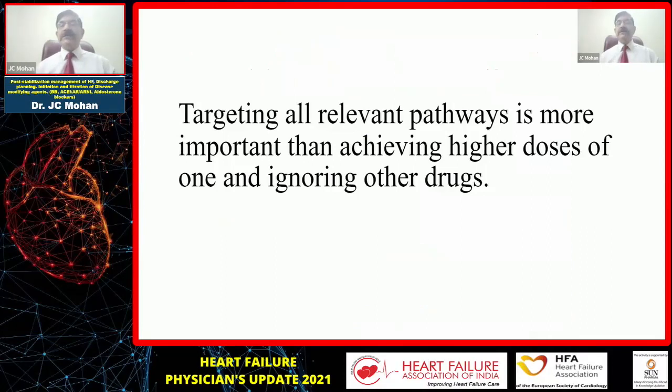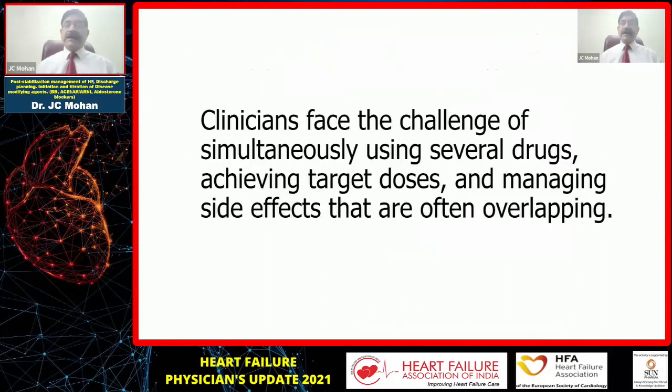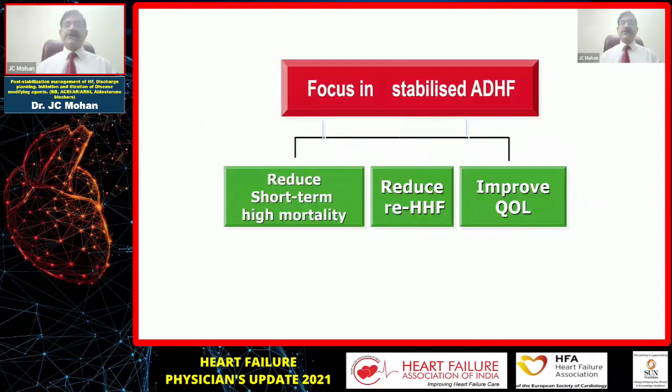Targeting all relevant pathways is more important than achieving higher doses of one and ignoring other drugs. And clinicians face the challenge of simultaneously using several drugs, achieving target doses, and managing side effects that are often overlapping, like hyperkalemia or worsening of the renal function.